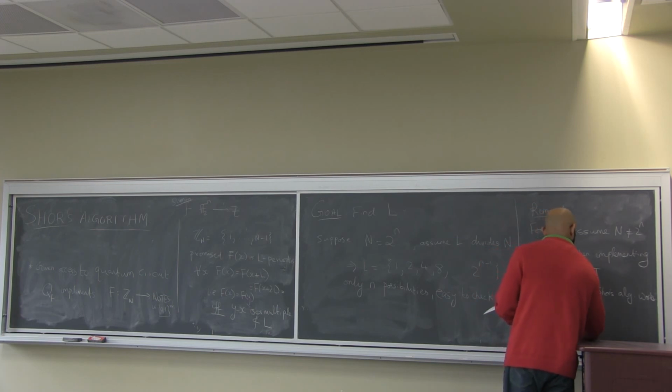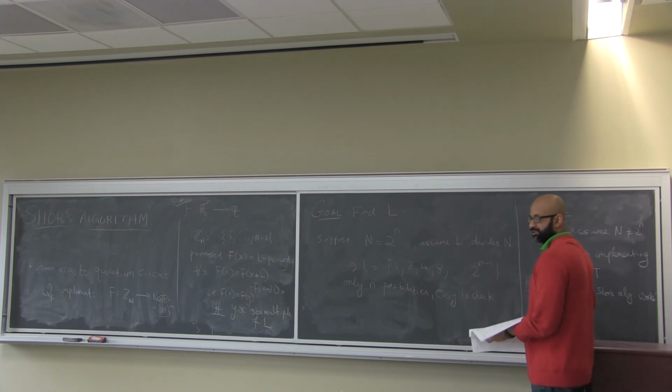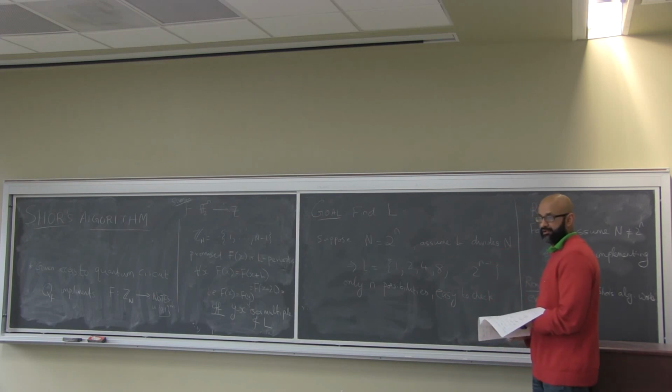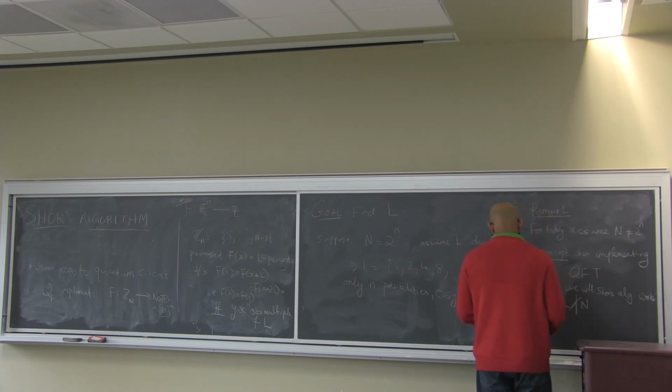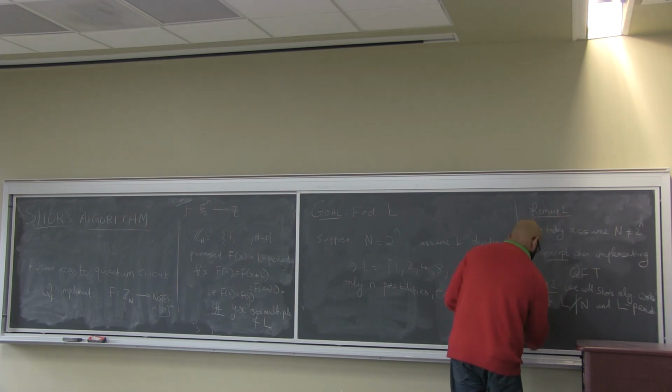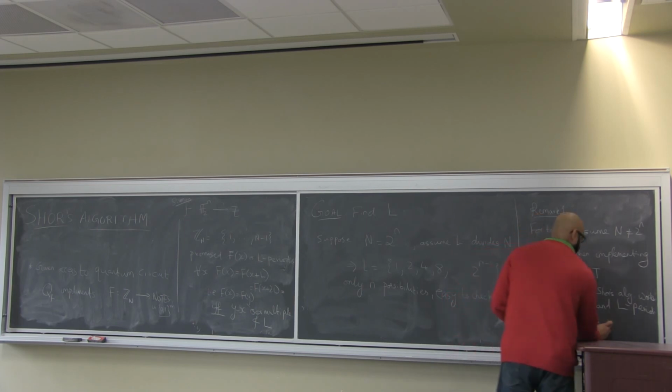That is, L factoring n is typically represented by this notation, L vertical slash n, and if you want to say it doesn't factor n, you put a slash through it. So even if L does not factor n and L periodicity fails exactly at the mod n wraparound.